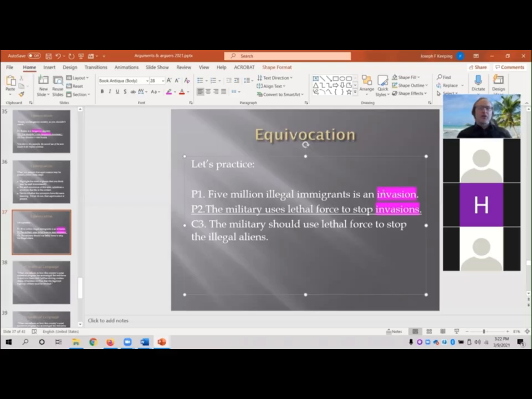The last time I used this particular example, it worked fine, but I think we did have to substitute a phrase instead of just a word. 5 million illegal immigrants is, remember, it has to be something that makes the premise true. So what would be a true way of describing 5 million illegal immigrants that gets at what the premise is trying to say?